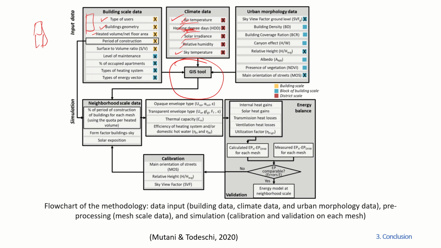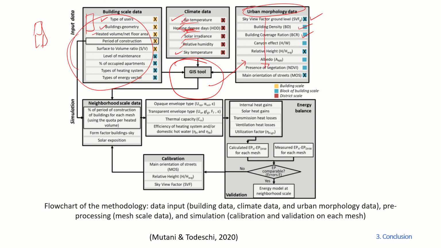And we extract certain information from the base model which is useful for urban studies, which includes how much sky is visible, what is the building density, what is the frontal area ratio, all that.